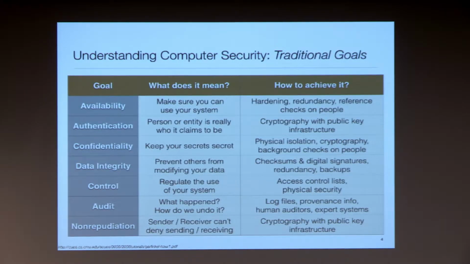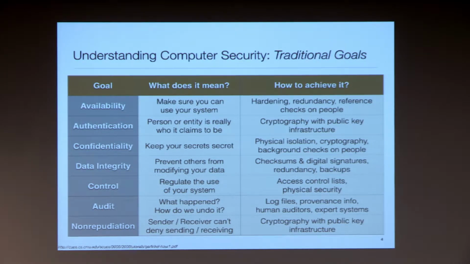Traditionally, computer security organizes these concerns around a bunch of different goals, and different parties attach different values to these goals. If you're conducting a study, availability of the data and of the system becomes important. Authentication and confidentiality are quite important for the person whose data it is.